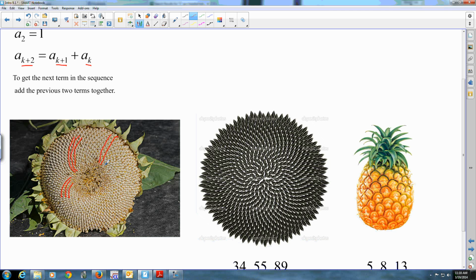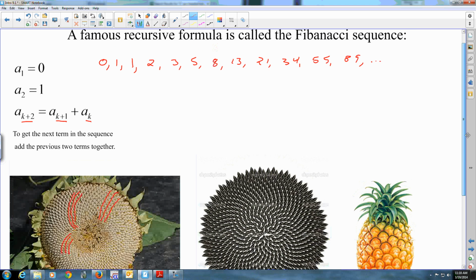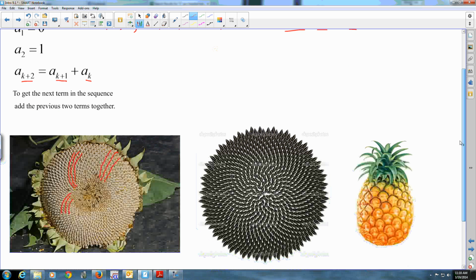And if you count the number of spirals, not the number of kernels, the number of seeds, the number of rows that go one way, the number of rows that go that way, and the number of rows that go this way, it turns out that you get a Fibonacci sequence. Look back up at those numbers. 34, 55, 89. It shows up in nature.